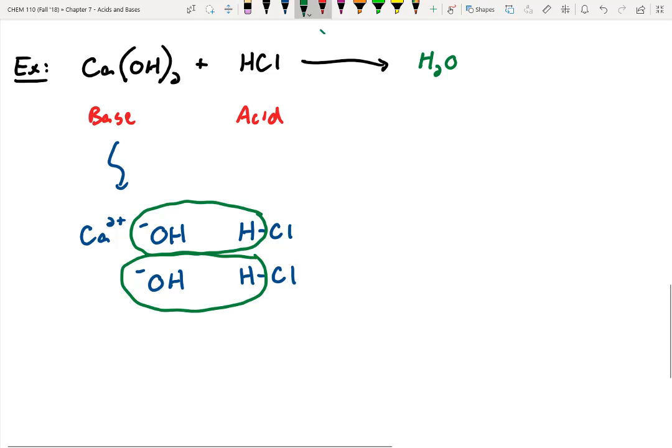So if I do this, what I'm going to do is add in a coefficient here. Say 2 HCl's will be combined together with 1 equivalent of calcium hydroxide. And when we mix this together, it looks to me like we're making 2 molecules of water, or 2 equivalents of water. So I'll put that over here.